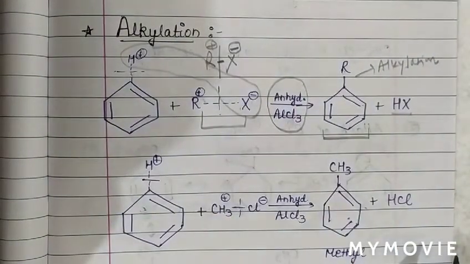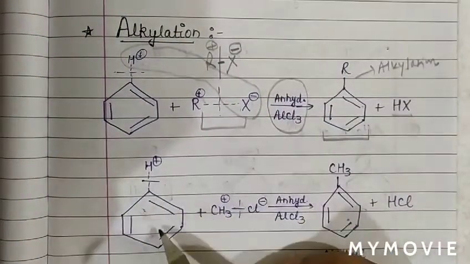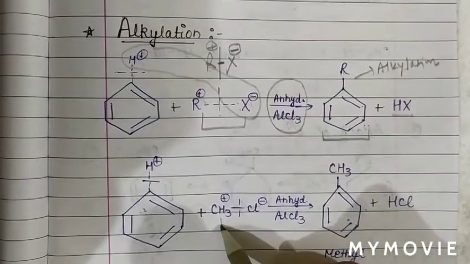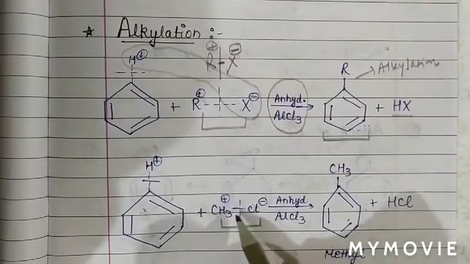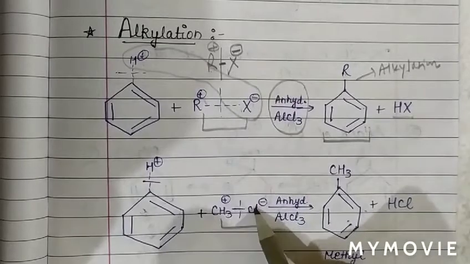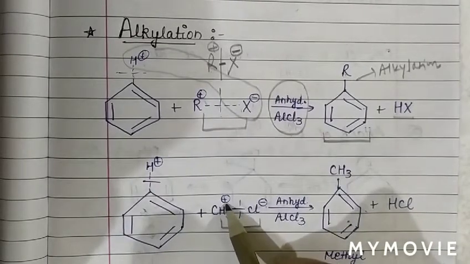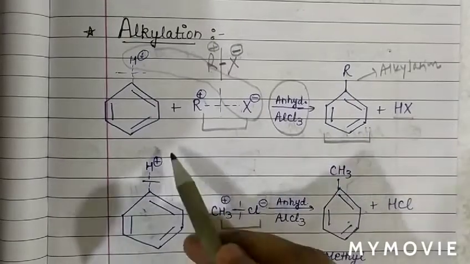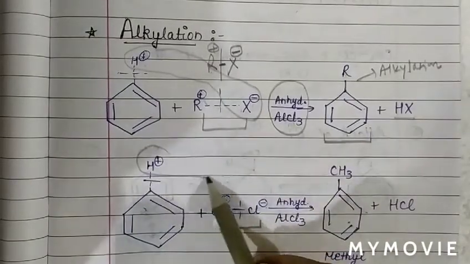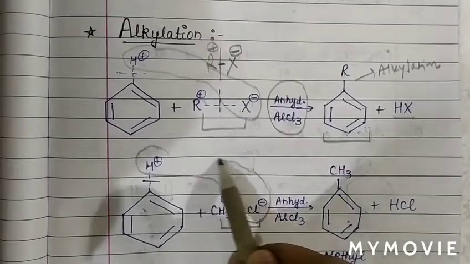For example, this is benzene. When benzene reacts with CH3Cl, in CH3Cl, Cl is more electronegative, therefore negative charge on Cl and positive charge on carbon. Also there is a carbon hydrogen bond, so this hydrogen will combine with Cl.